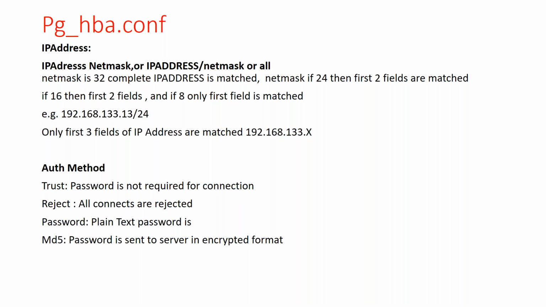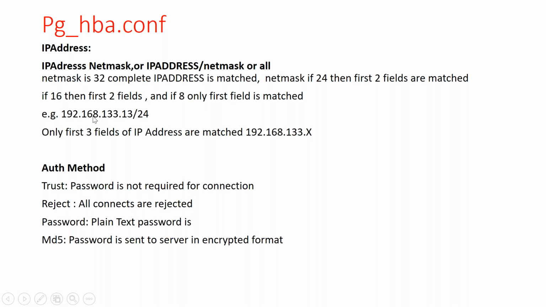I don't know the term, but you can specify the first 8 fields or the first 12 fields. So you can specify the subnet. Just like my company has the first two digits, 192 and 168.